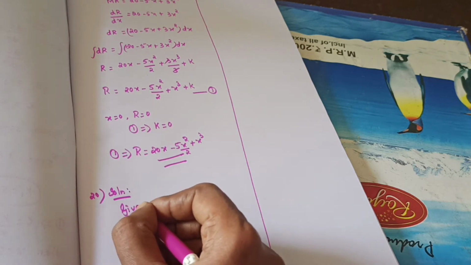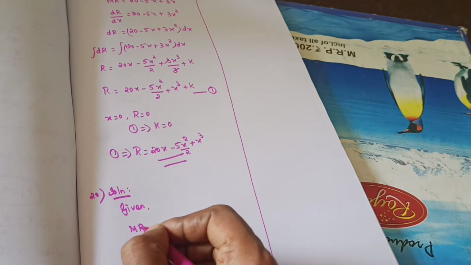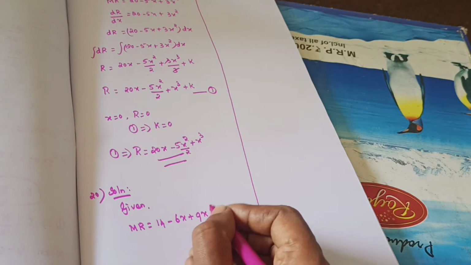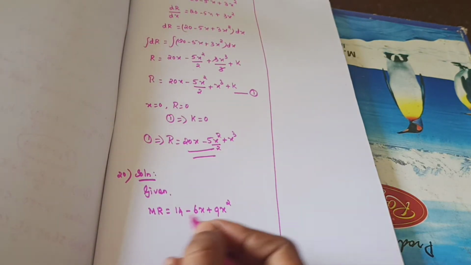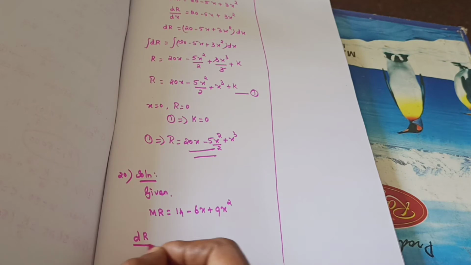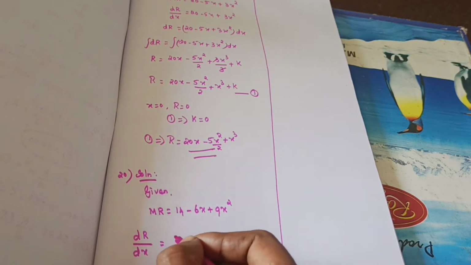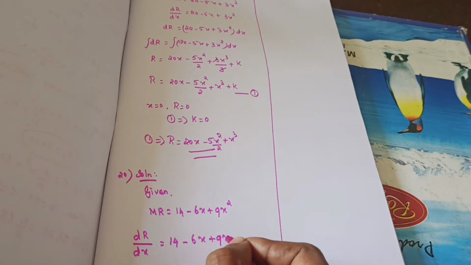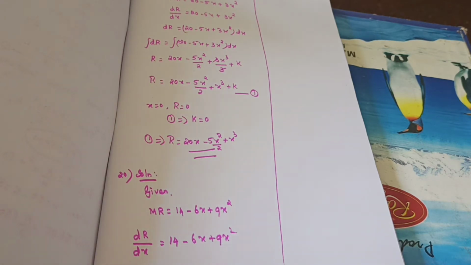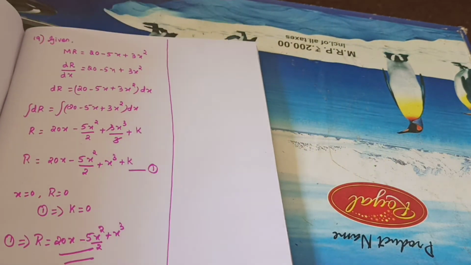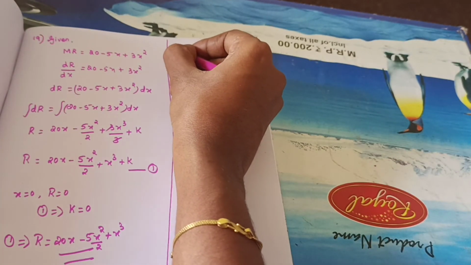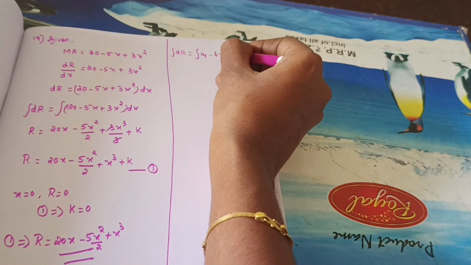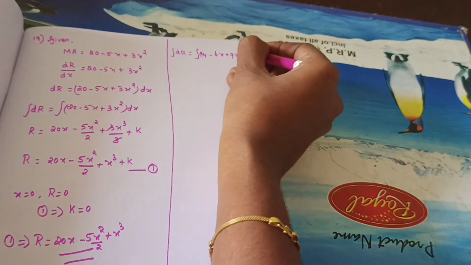Solution. What is given in the question? MR is equal to 14 minus 6x plus 9x square. So dr by dx is equal to 14 minus 6x plus 9x square. Now bring this to one side and integrate it. Integral of dr is equal to integral of 14 minus 6x plus 9x square dx.